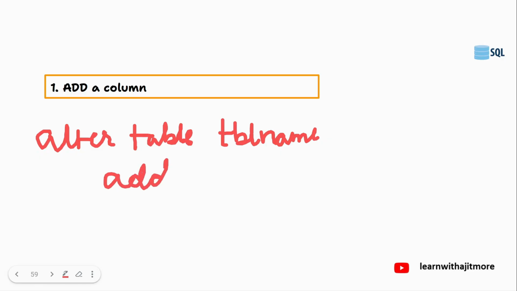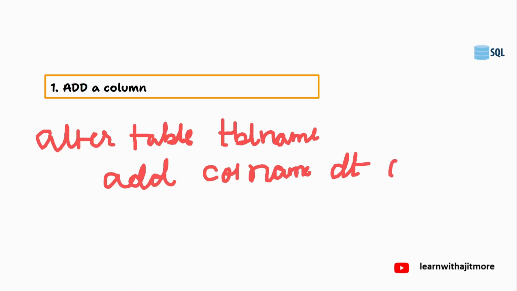You want to add a column. So you'll write add, then the column name and the data type of it. And if it has any constraint, that also you can add at that time. Okay. So it is going to add a column with this name, with this data type, with this constraint in this table.